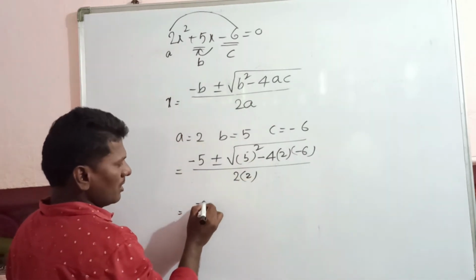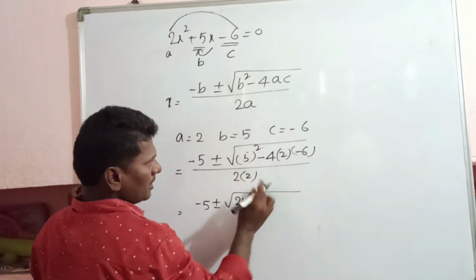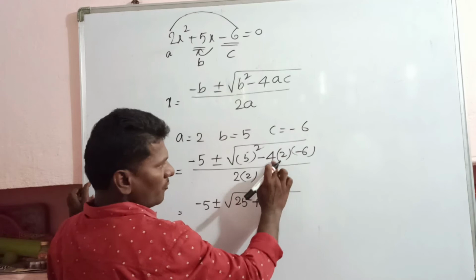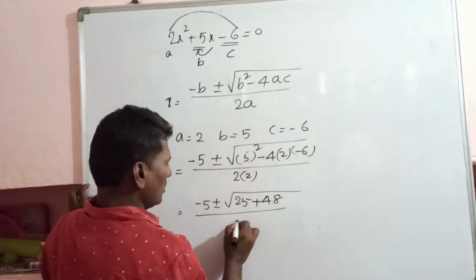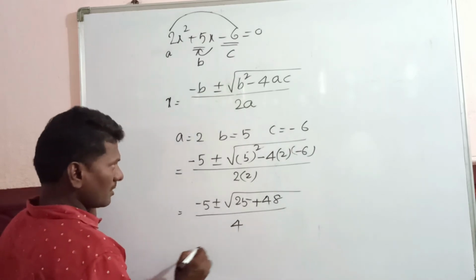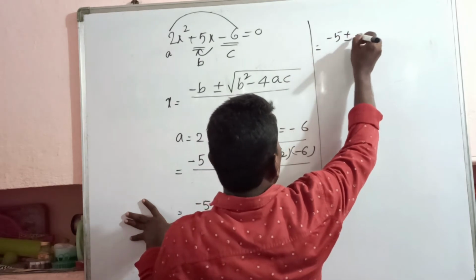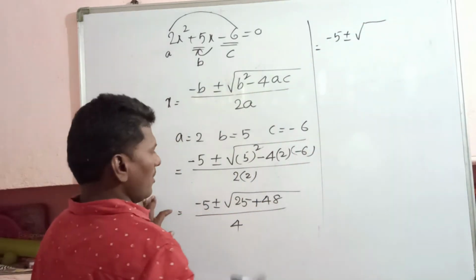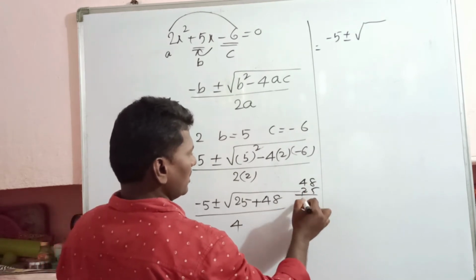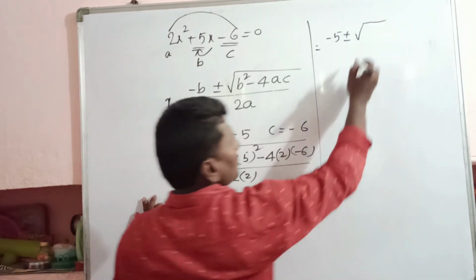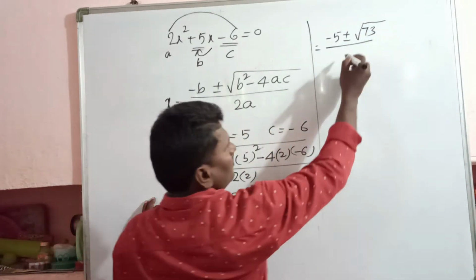That is equal to minus 5 plus or minus square root of 5 5s are 25, minus into minus plus, 4 2s are 8, 8 6s are 48, by 2 2s are 4. Next, minus 5 plus or minus square root of 48 and 25, it is 73. So here I am writing 73 whole divided by 4.